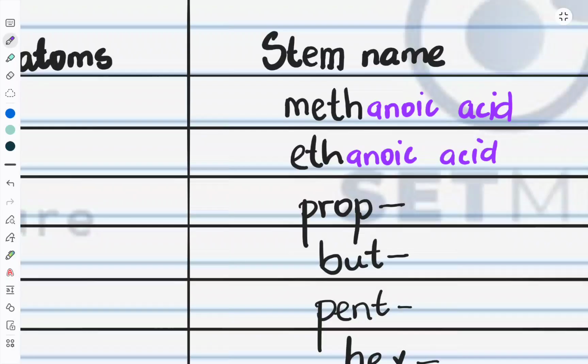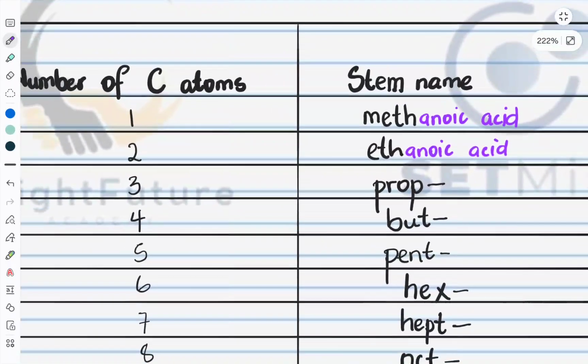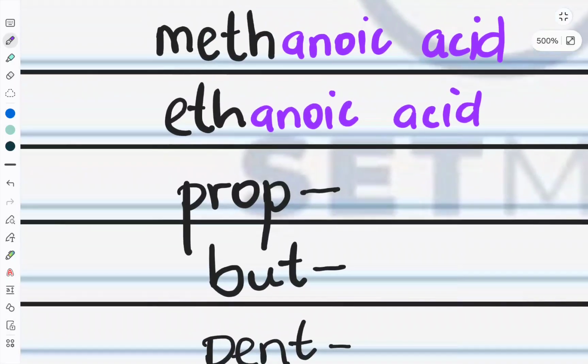You might find that it's now 5-bromo-methanoic acid, or it's 2-chloroethanoic acid, or it's 2-methyl ethanoic acid, or whatever, right? It can be any combination. But for as long as there are no other substituents, we can use these parent chain names as the main IUPAC name of that compound, right? Because there's no other substituent to mention there in the final name.